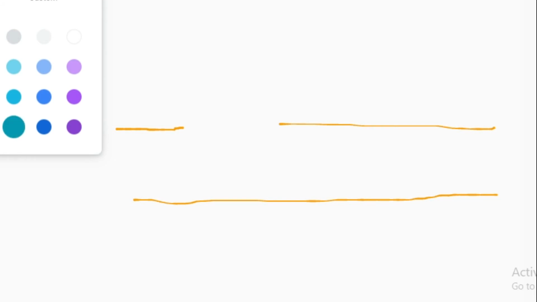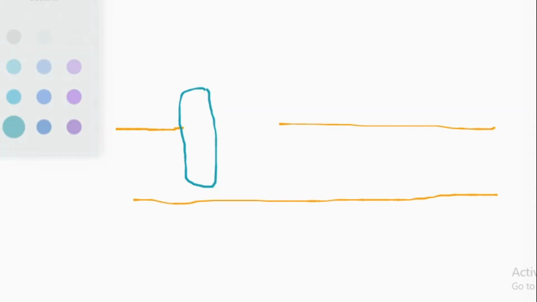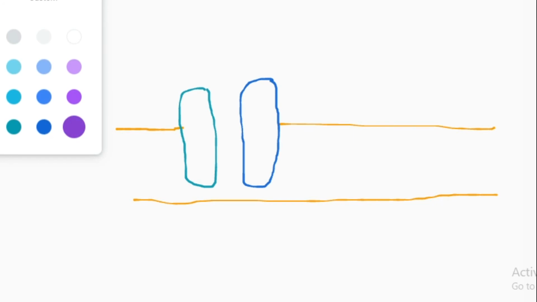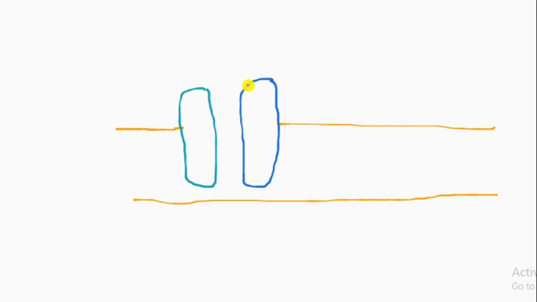The GABA receptor has subunits, namely alpha, beta, and gamma.